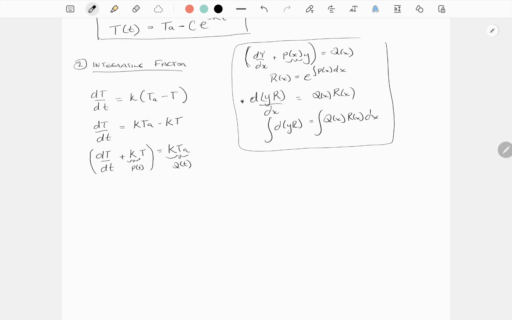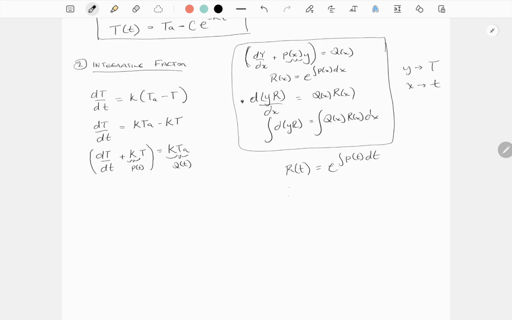So y goes to T, and x goes to lowercase t. So our expression, we have r of t now is equal to e to the integral of p of t dt, because x went to t, and the solution form is right over here.